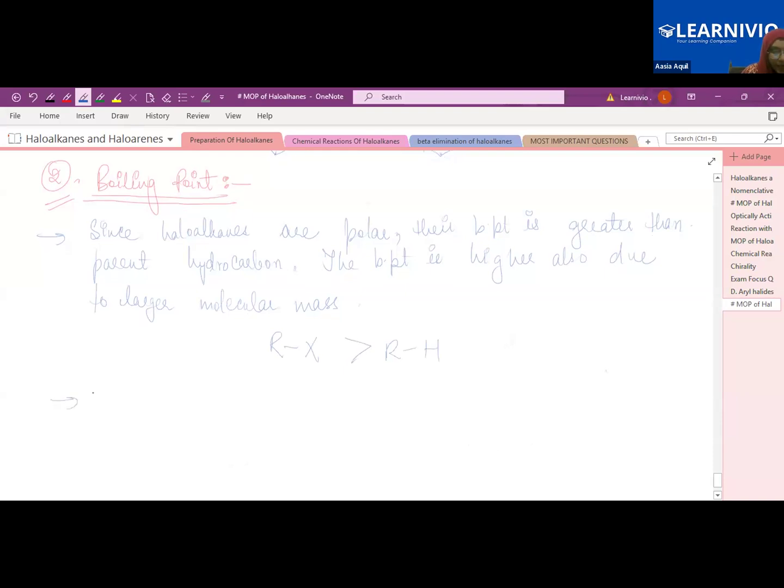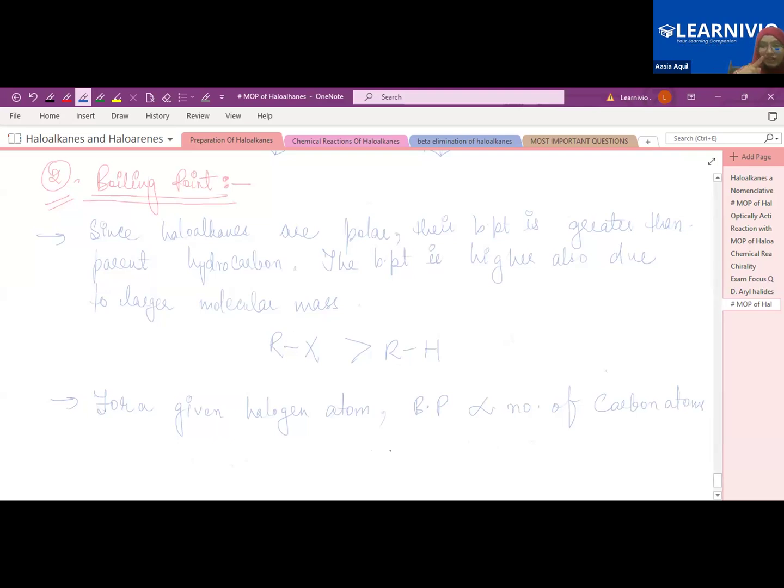Now, next point: for a given halogen atom, boiling point is directly proportional to the number of carbon atoms. So if the halogen atom in all the molecules is the same, then the boiling point is directly proportional to the number of carbon atoms.